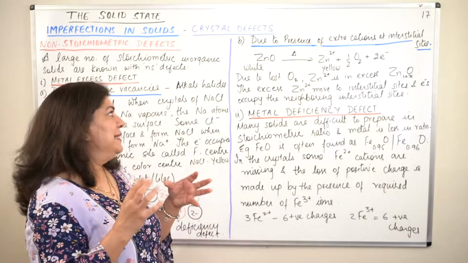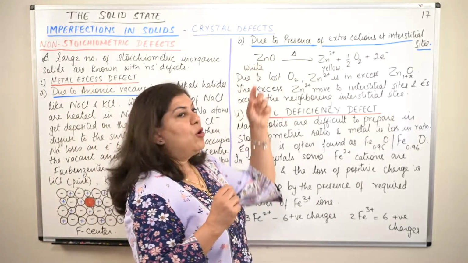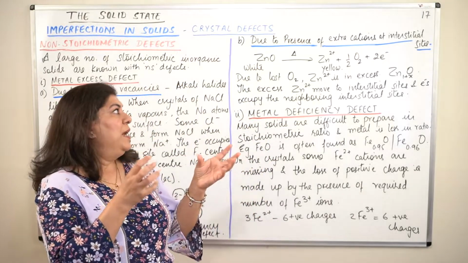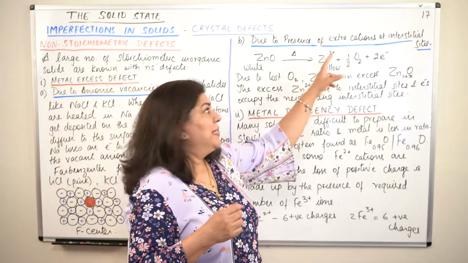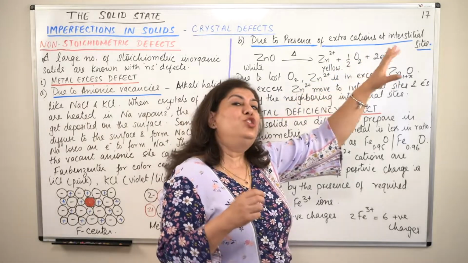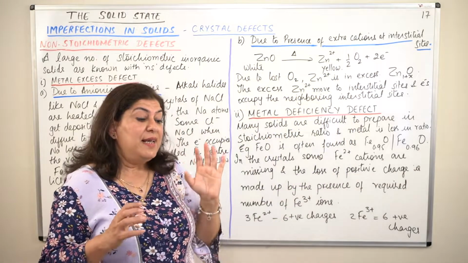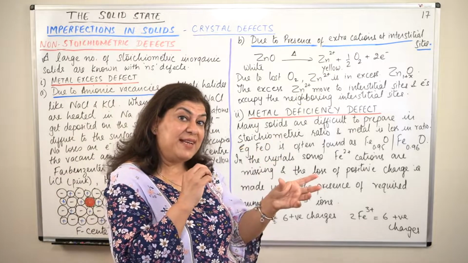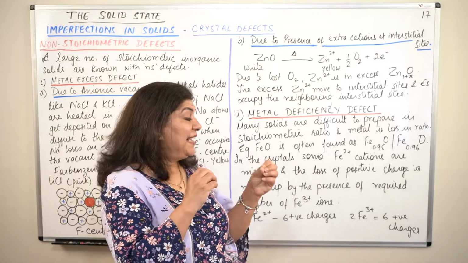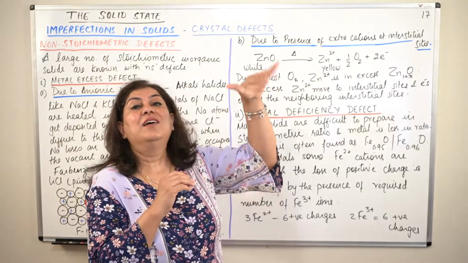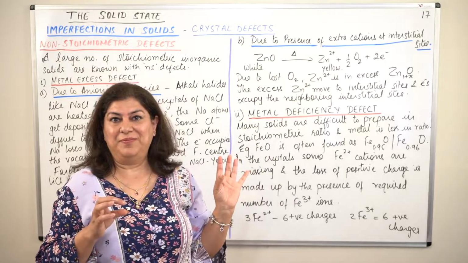Some of the zinc oxide breaks down, giving Zn2+ ions, half an oxygen molecule and 2 electrons. Some of the oxygen turns into oxygen gas on heating, and since it is a gas, it escapes the crystal and leaves the crystal.